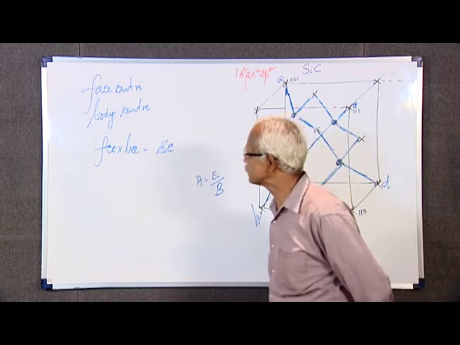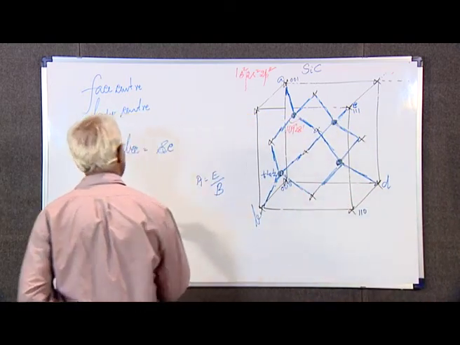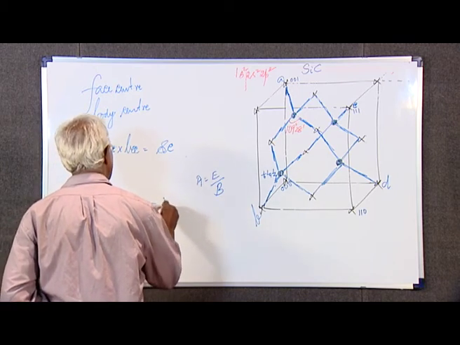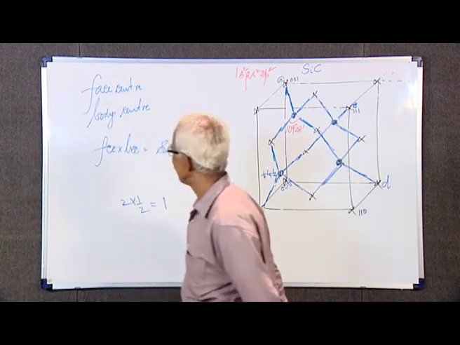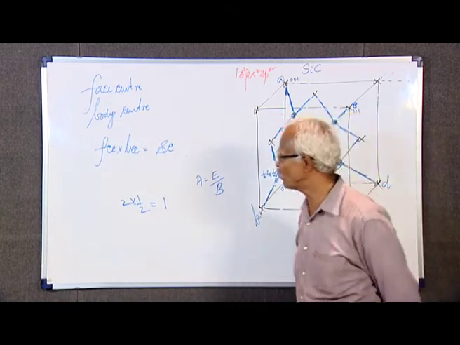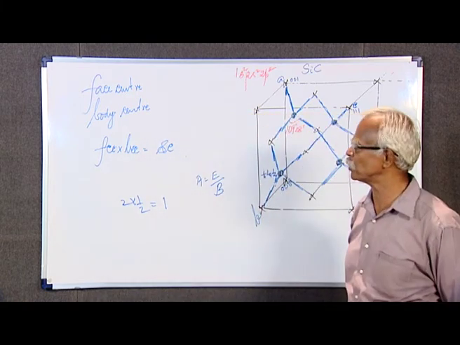Just like numbers, for example, 2 into 1 by 2 equals 1. We say 2 is the reciprocal of half, or half is the reciprocal of 2. That is, 2 equals 1 by half, or half is 1 by 2.